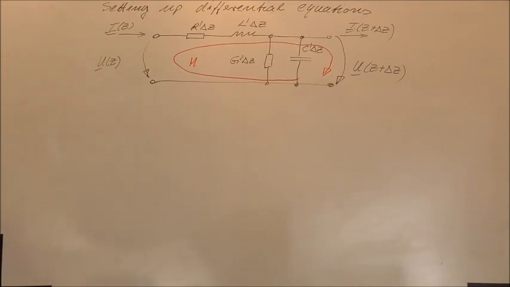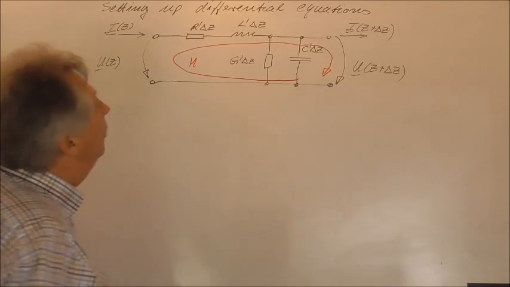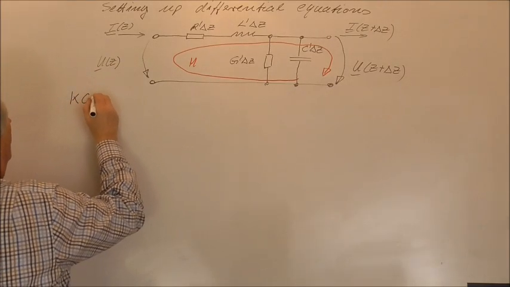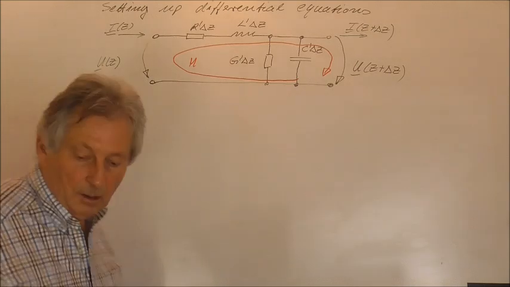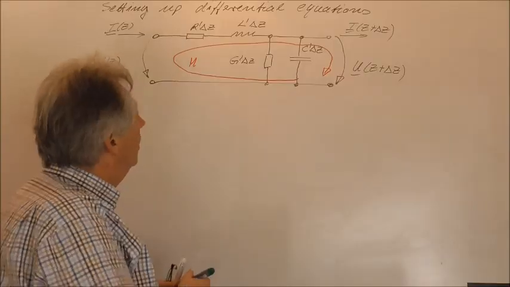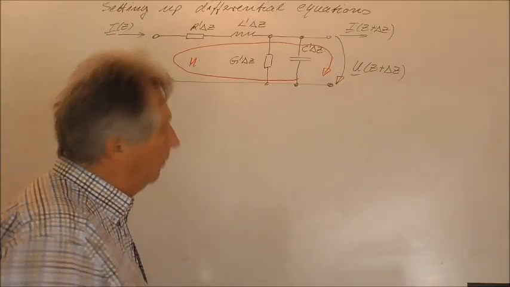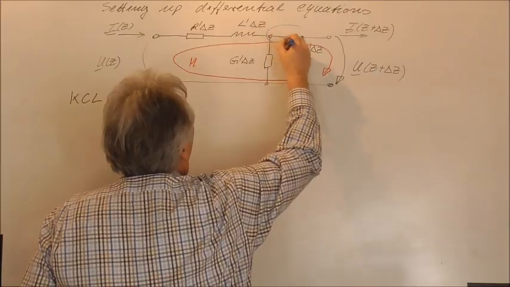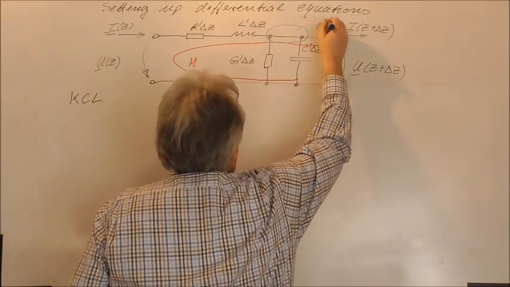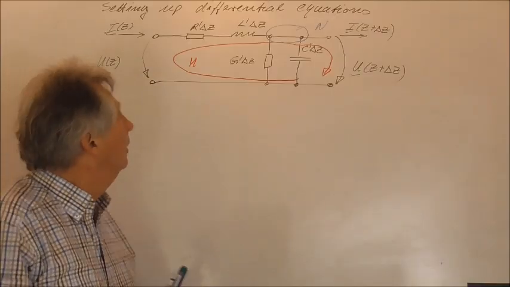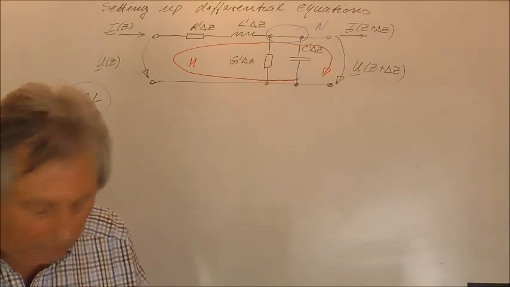To deduce a further differential equation, we now use KCL, Kirchhoff's current law. Again, in this case, we consider a certain knot, the knot equation of this knot. For this knot, we will now formulate Kirchhoff's current law.